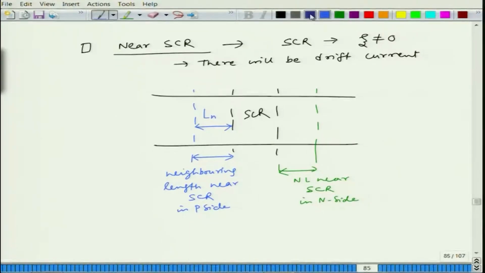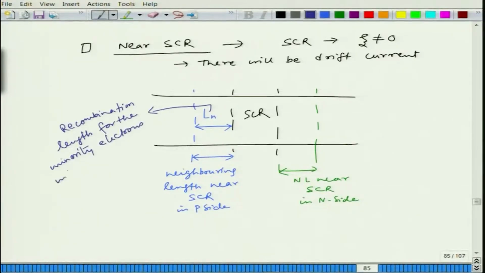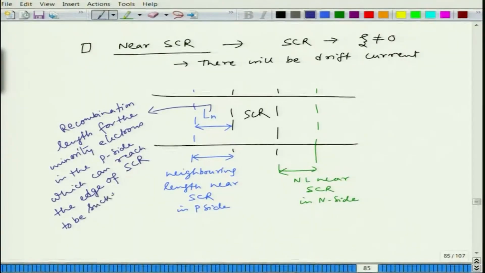Okay. So, this is the recombination length for the minority electrons in the p side which can reach the edge of the space charge region to be sucked into the other side.